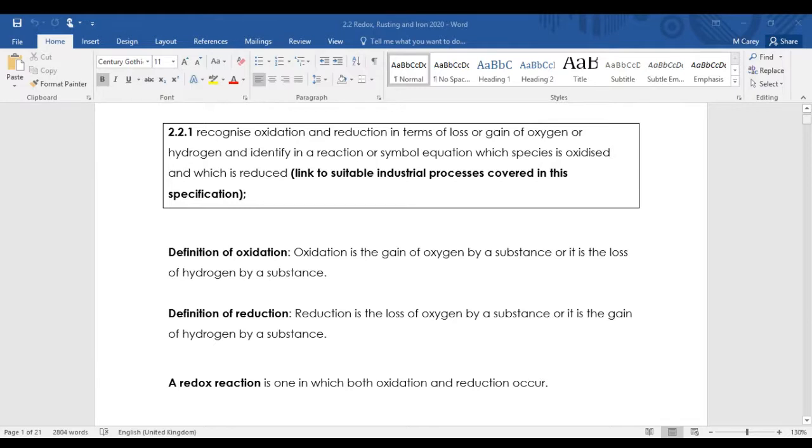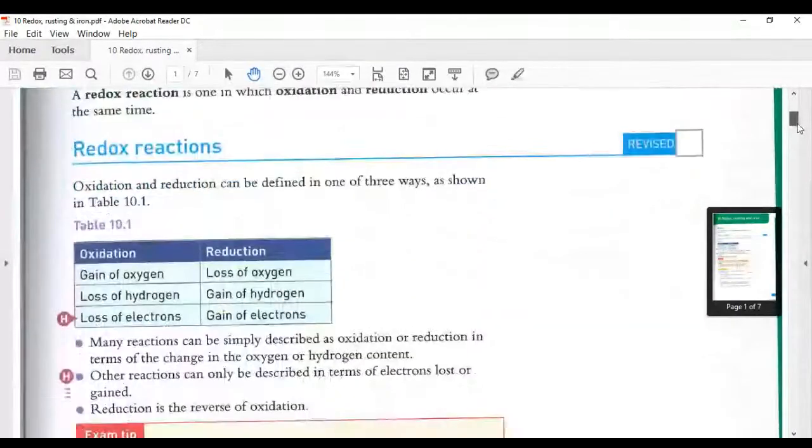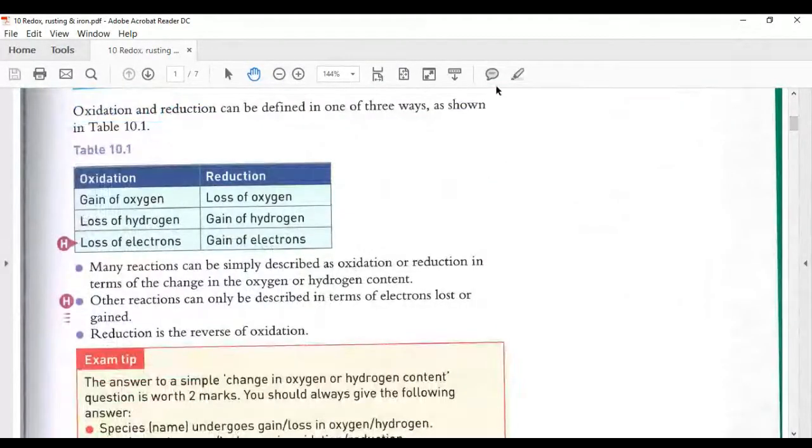Now I'm going to switch over to the revision book just to show you some examples of this, hopefully. Okay, so if we look, there's the 3 definitions, right?